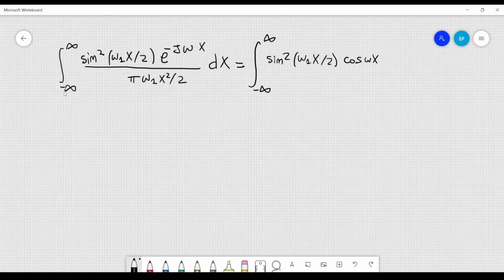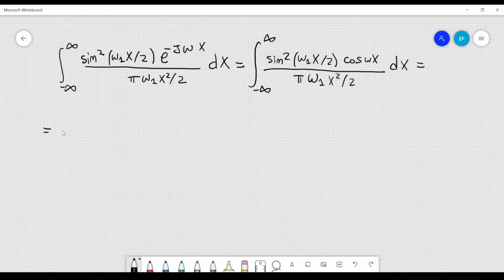And since we integrate from minus infinity to plus infinity, we just have to take the real part of this, because if we consider the imaginary part and we integrate, that will go to 0, because the overall function inside the integral, that is the integrand, is an odd function, whereas in this case it is an even function. So we can only consider the real part of that. Then we divide by pi omega 1 x squared over 2 dx. So these two integrals are equal.